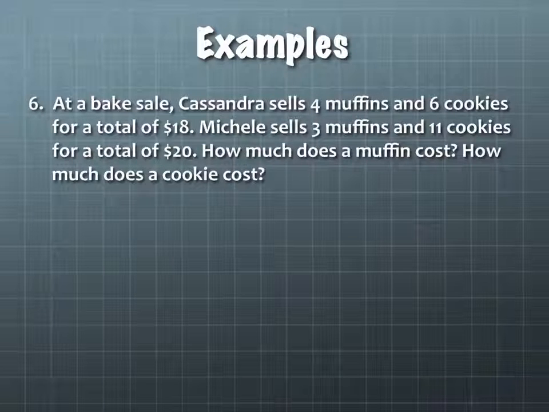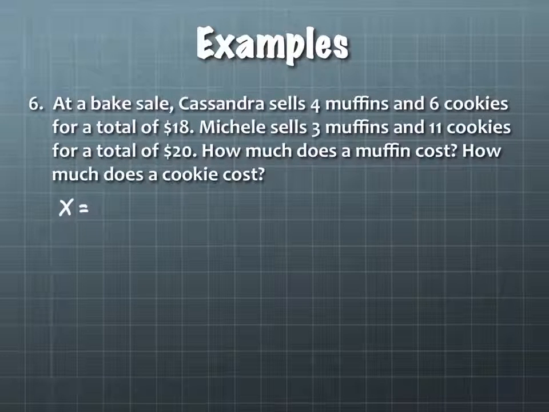Now that's a little different setup than the last problem, right? In the last problem, we knew how much the tickets each were, and we were trying to find the number of tickets. Here, we know the number of the baked goods, and we're trying to find the price of them. So the setup is a little different. So I'm going to use my same x and y because I'm boring like that.